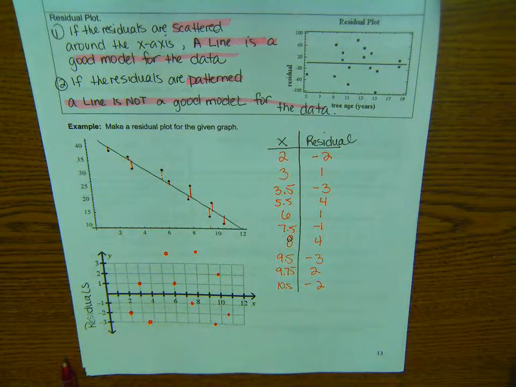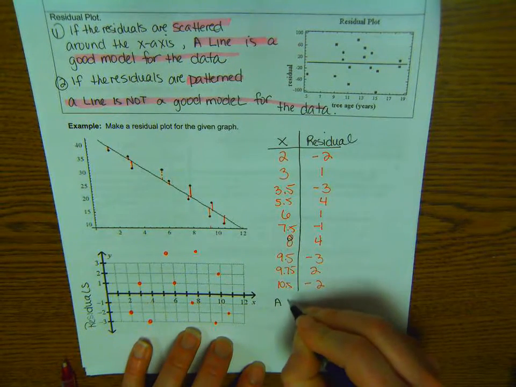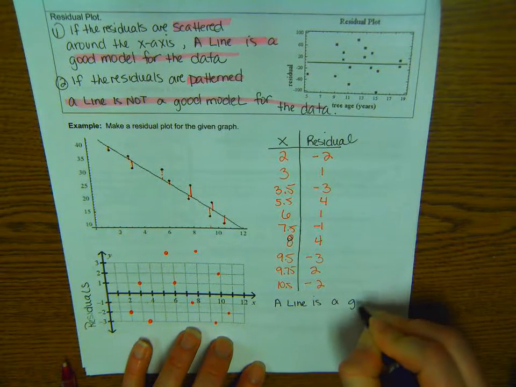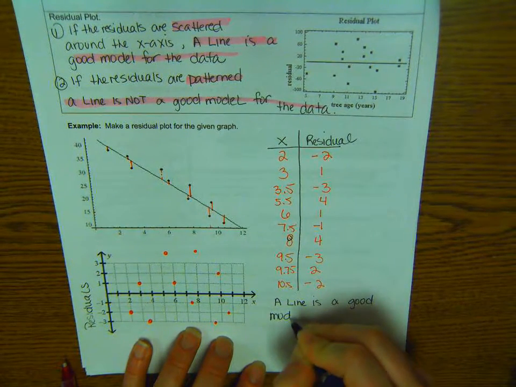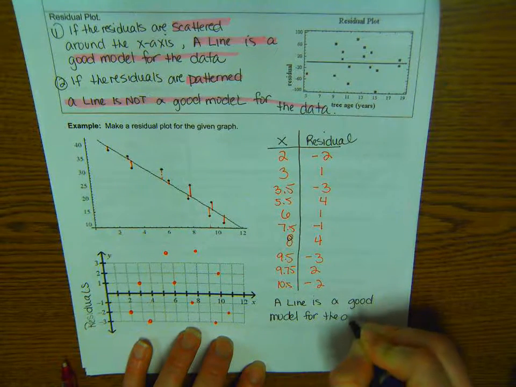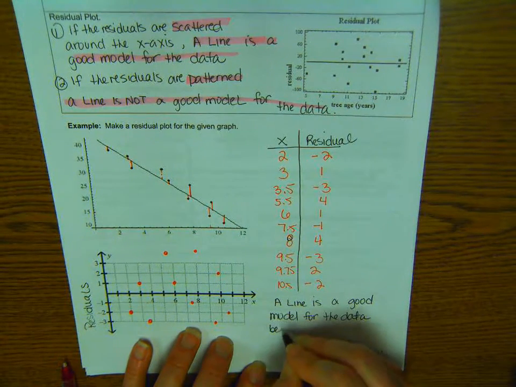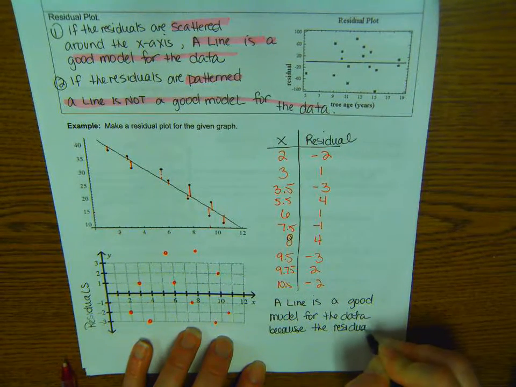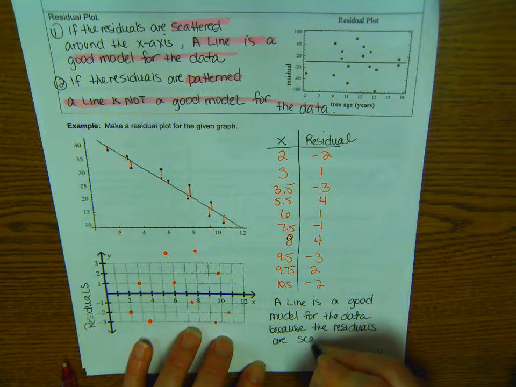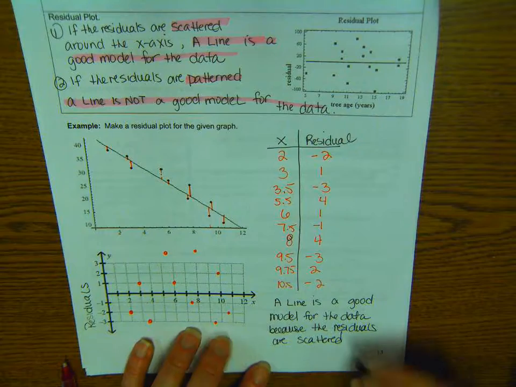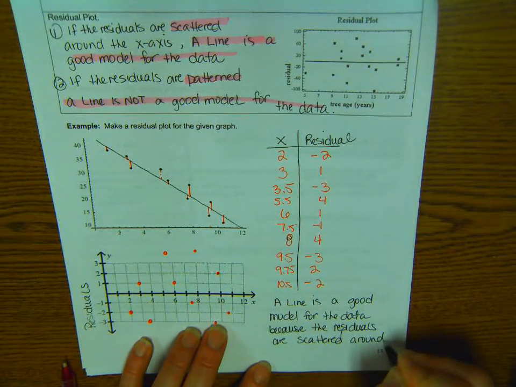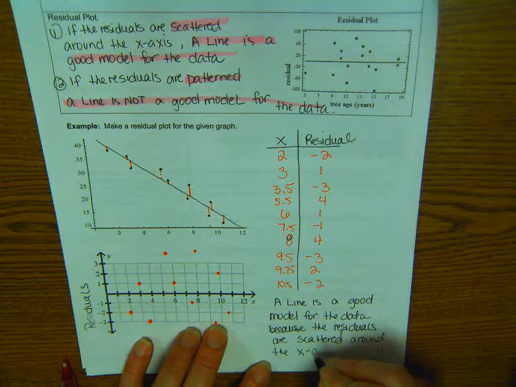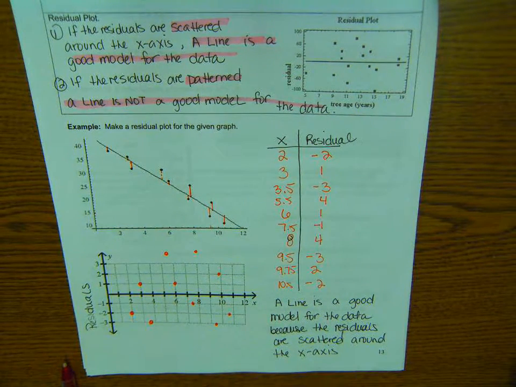So I am going to write a line is a good model for the data because the residuals are scattered around the x-axis. Okay.